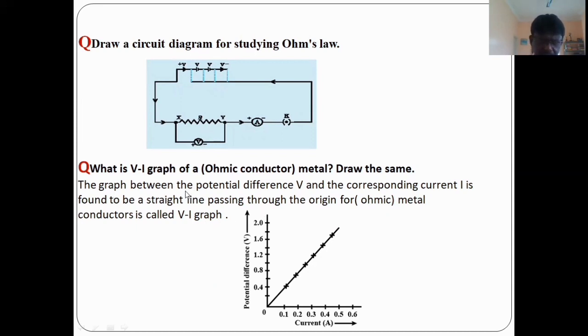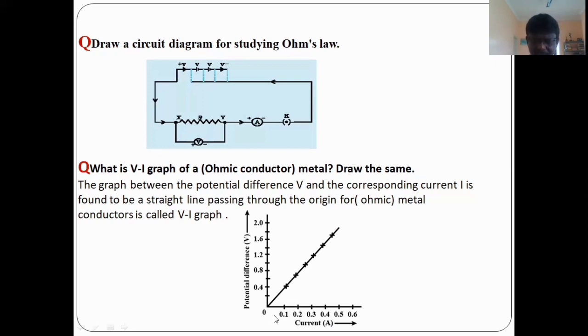The graph between the potential difference V and the corresponding current I is found to be a straight line. The graph between V and I is a straight line passing through the origin for ohmic metal conductors, and is called the VI graph.